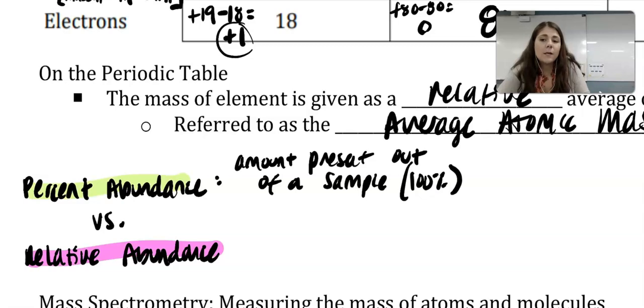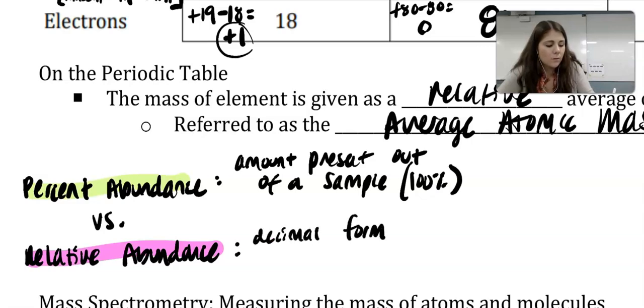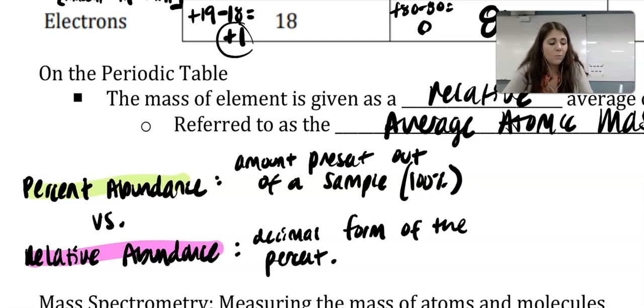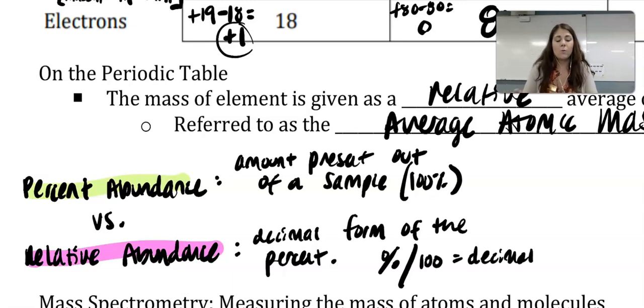So the relative abundance is connected to the percent, but here it's going to be the decimal form of the percent. So here you basically would take the percent and divide by 100 to get a decimal. Okay, we use the relative abundance for the math portion for this unit, okay?